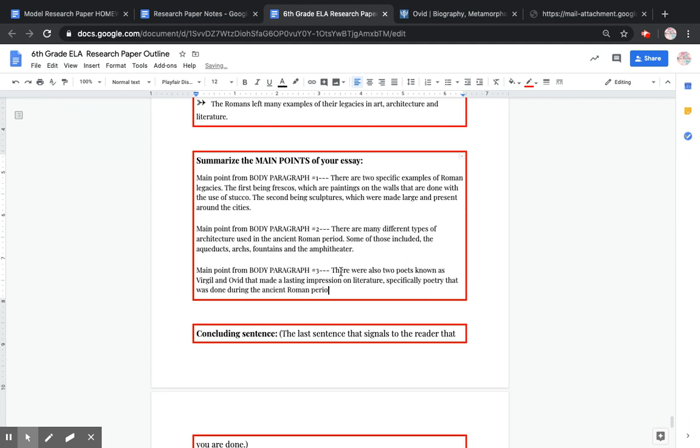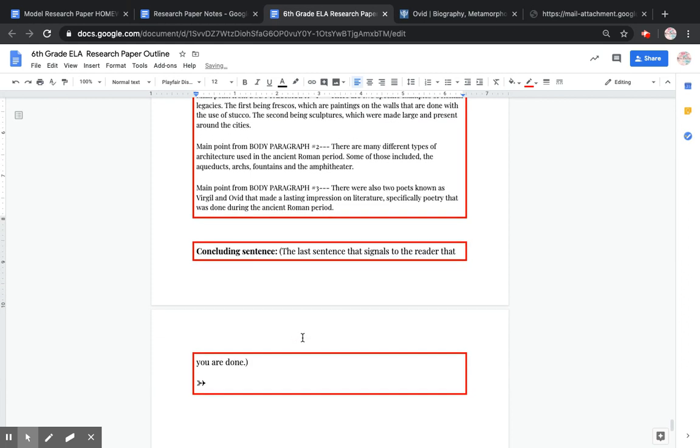And now, my concluding sentence. This is the last sentence of my entire research essay that signals to the reader that I'm done.